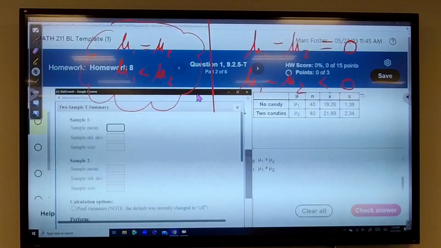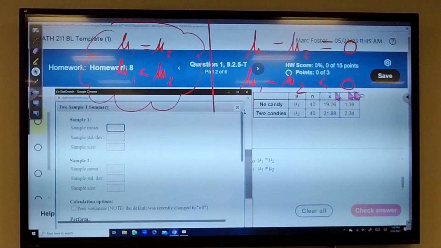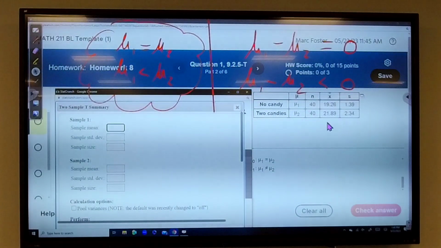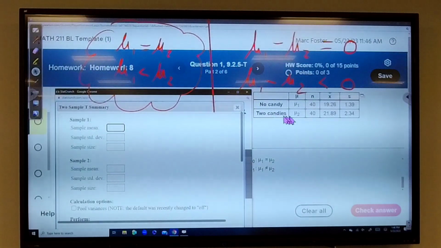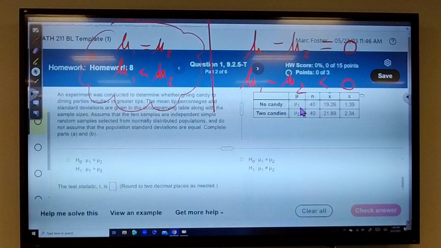They want to know all about your summary table. All right, sample 1 is going to correspond to the one that has the subscript of 1 here.